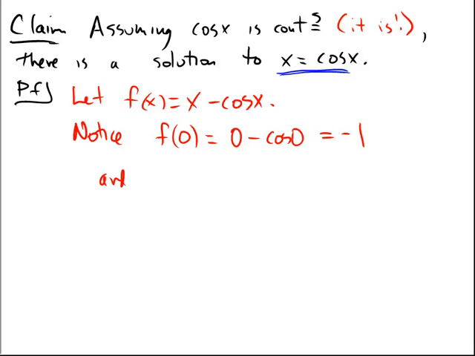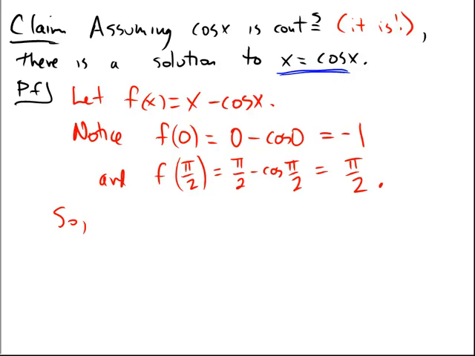And what is f of some number? We just got to get positive, remember, because we just want to find a zero or solution to this. So I'm going to take pi over 2, because that's equal to pi over 2 minus cosine of pi over 2. And cosine of pi over 2 is 0, so this is pi over 2, which is positive. So f of 0 is a negative number. F of pi over 2 is a positive number.